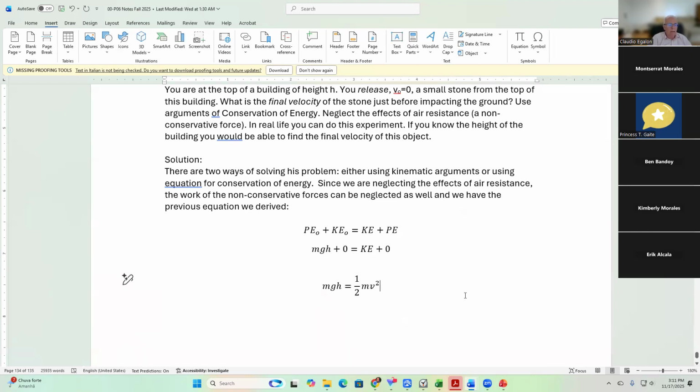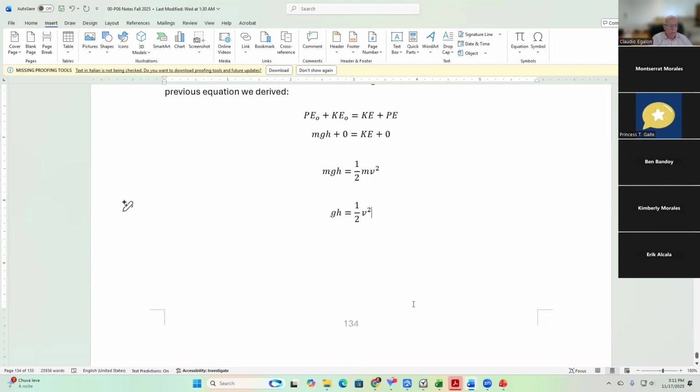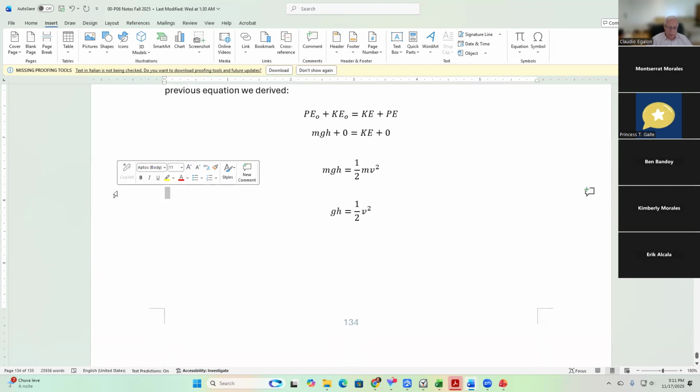We do not know the mass, but we do not need to know the mass because the mass cancels out. See that? And we are going to end up with exactly the same result that we would get if we had used the arguments of kinematics that we learned in kinematics.